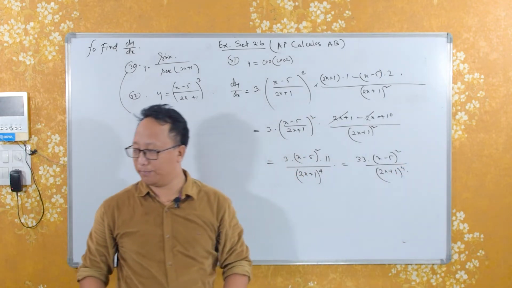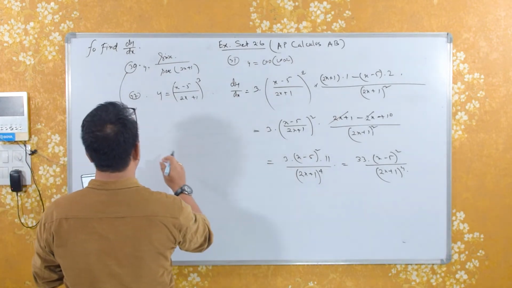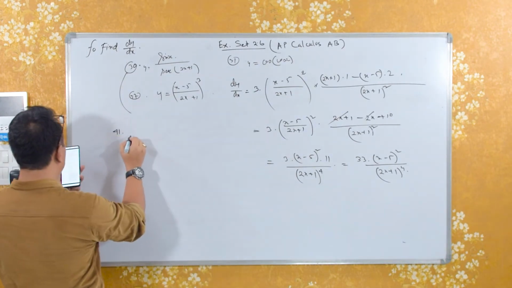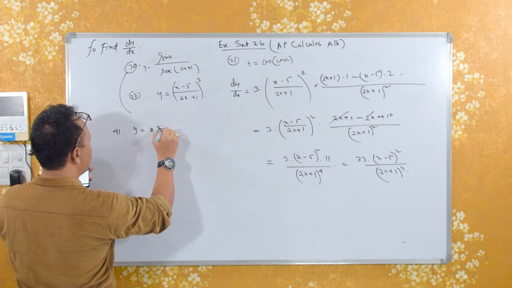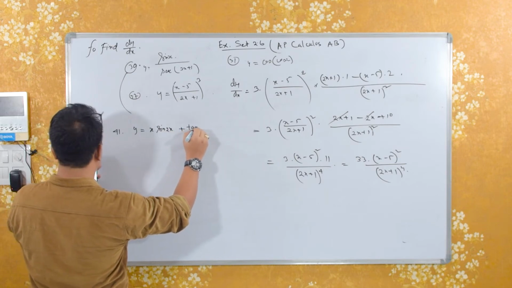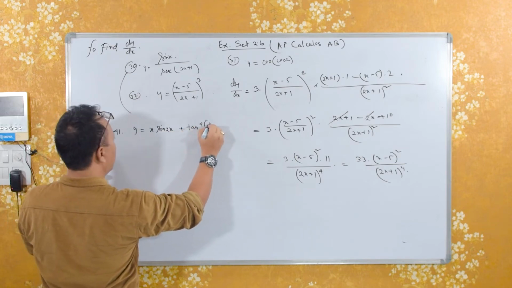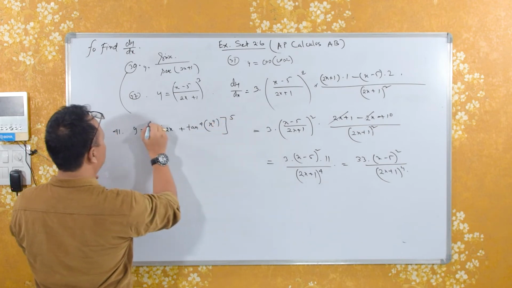Let's see some other questions which are different. Now 41, let's write it. 41 is y equals x sine of 2x plus 10 to the 4 times x to the 7, whole raised to 5.